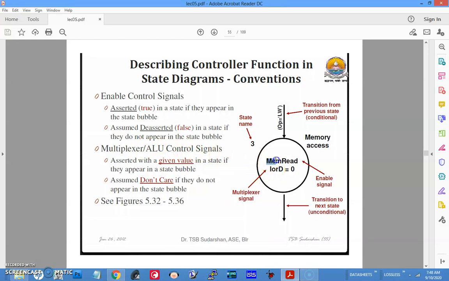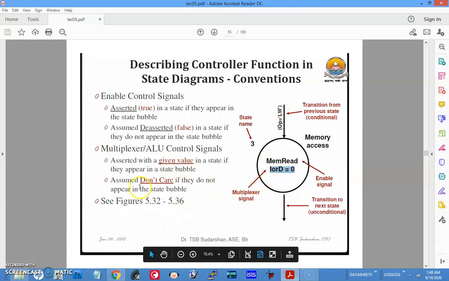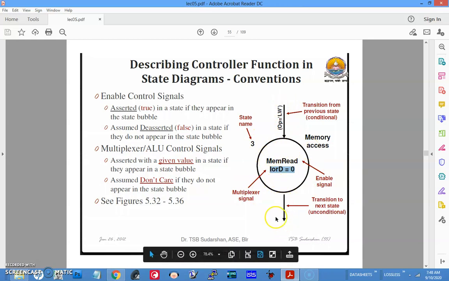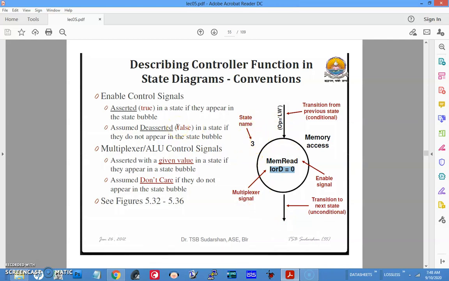So memory read is asserted, and I or D has a value 0 or 1, which is also given. So this is okay. Then you can refer to the textbook figures. So transition from previous state goes to the current state, and then it goes to the next state, unconditional, and the state name will also be given. So this is the way we represent control signals.